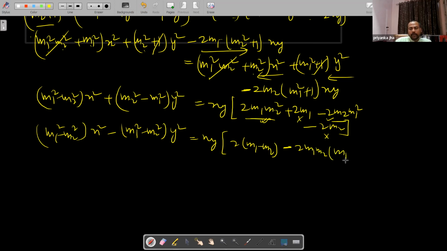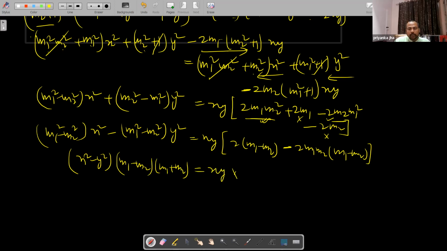So you will get m1 minus m2. Here it is x square minus y square, and then m1 minus m2 into m1 into m2. From here it is x into y, m1 minus m2, and then 2 will also come out, 1 minus m1 into m2. This and this will be gone because m1 is not equal to m2, because both are different lines. So this can't be 0, so it can be cancelled.